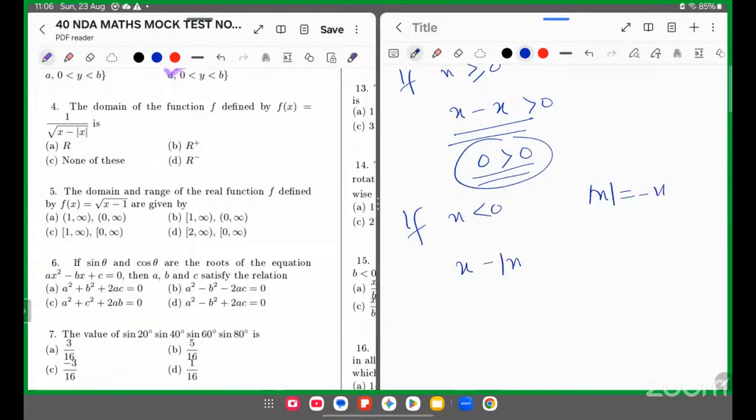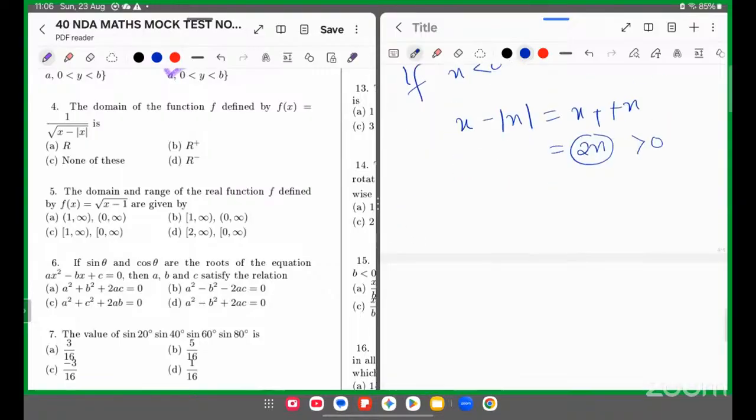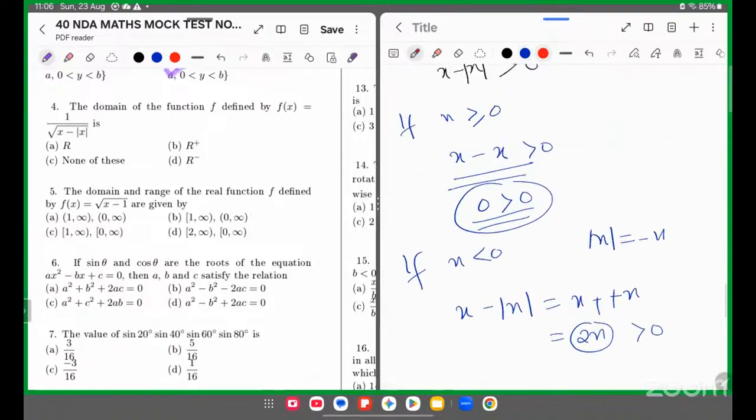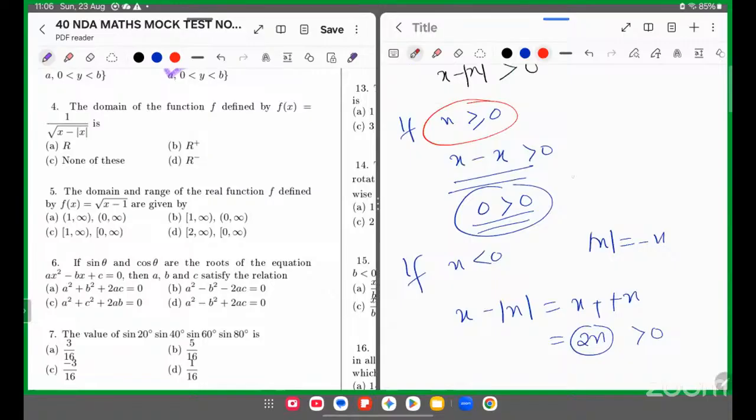So x minus mod x becomes x minus minus x. It will become x plus x, that is 2x. So 2x should be greater than 0, so the condition is x greater than 0, and this is not satisfying. 0 greater than 0 is not defined.